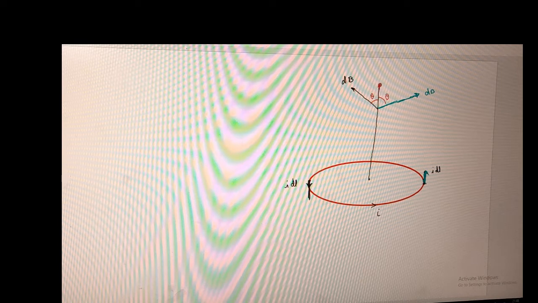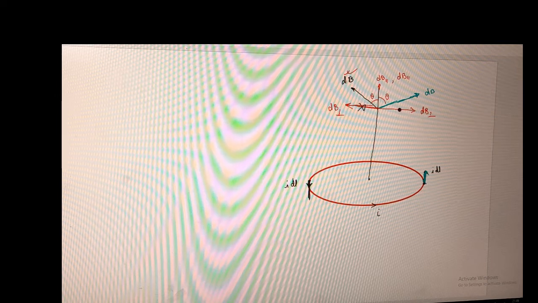And you see, dB parallel for this and dB parallel for this, both will be acting in this direction, isn't it? And dB perpendicular will be acting in this direction, dB perpendicular, right? And both of these dB perpendicular will have the same magnitude but opposite direction. So what will happen? They will cancel out each other.